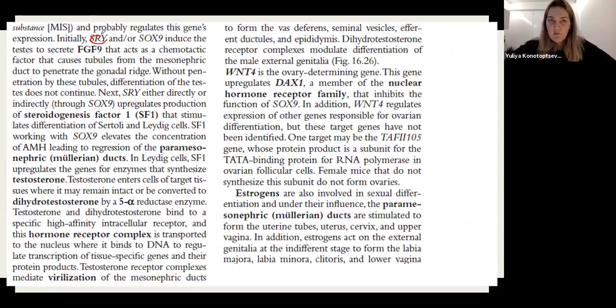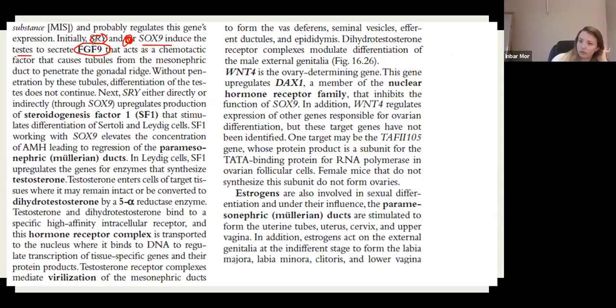Together, SRY and SOX9, so not or, and according to our lectures, SRY and SOX9 together are forcing your testis to secrete FGF9. You remember what FGF9 is going to do? Attract the medullary cord.